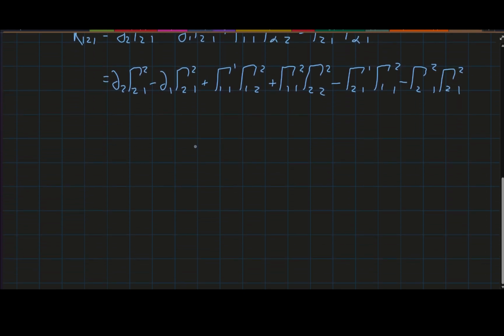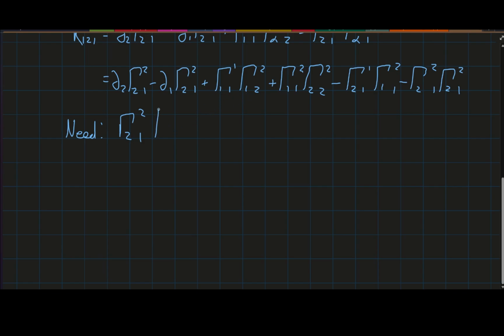So let's see. We need gamma 2 2 1. This is the same thing as 2 1 2, but that's just 2 2 1 backwards.